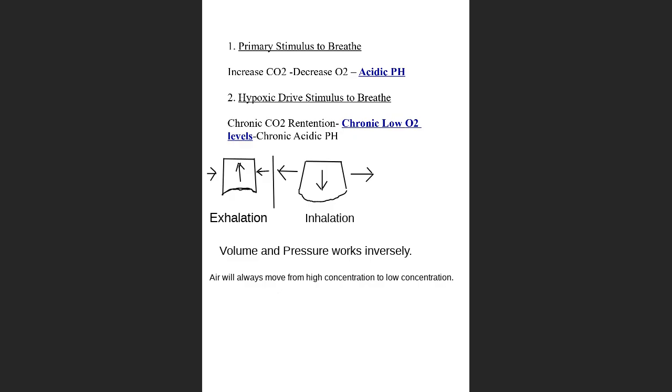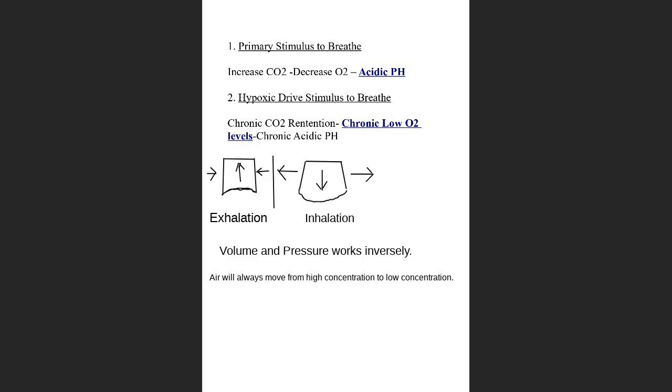And we learned about pH. So basically what is happening is when there is too much carbon dioxide in the body, that carbon dioxide will combine with water to form a weak acid, which is carbonic acid. If it continues to build up in the body, the pH will become more acidic, which is less than 7.35.